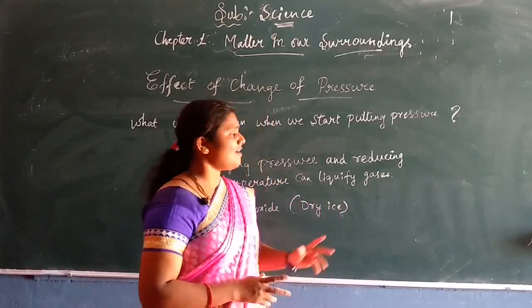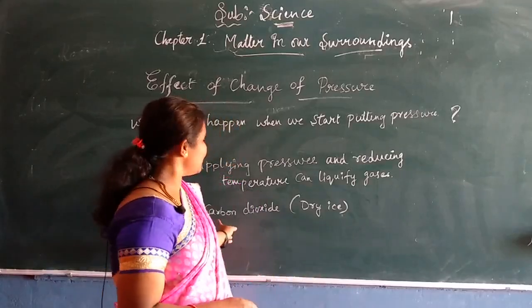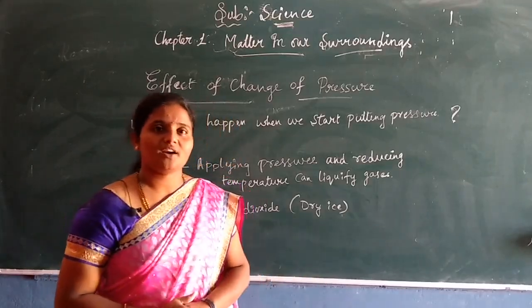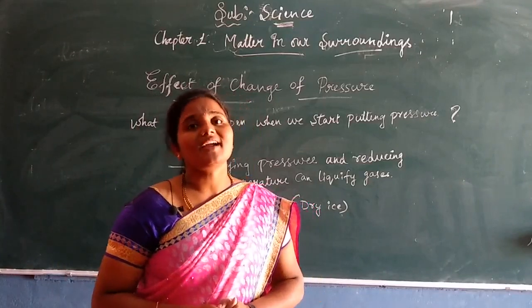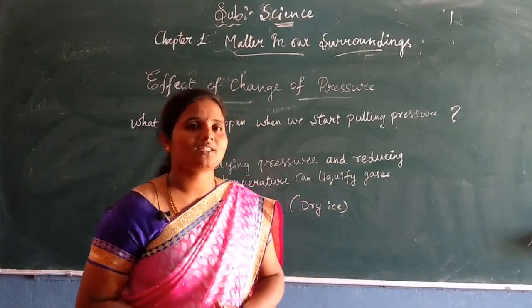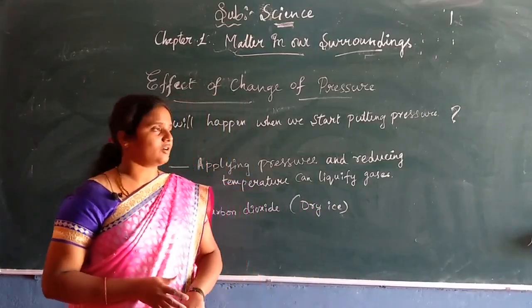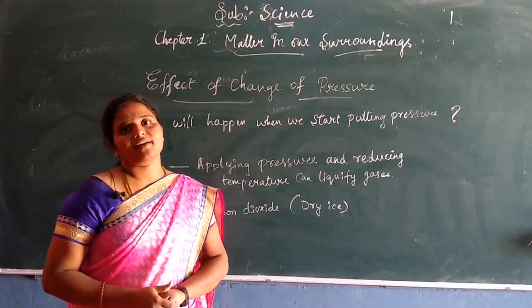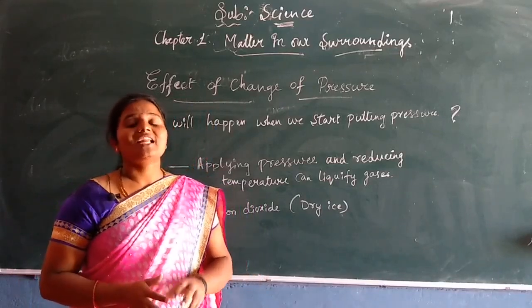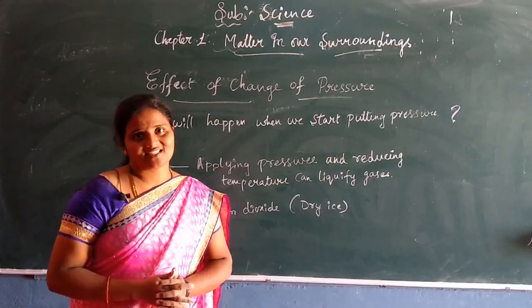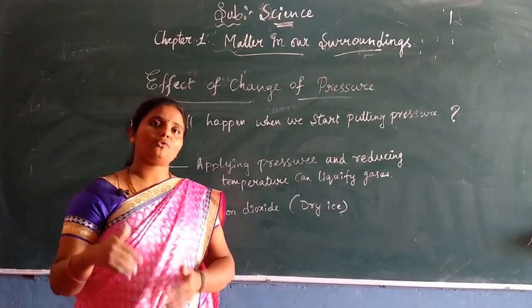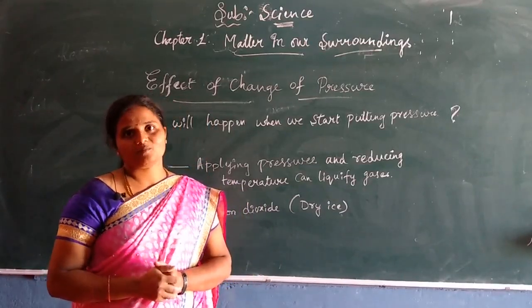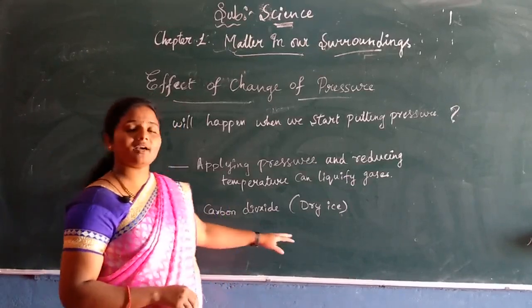For example, have you heard about solid carbon dioxide, children? It is also called dry ice. What happens is that when we apply pressure and decrease the temperature, we can liquefy gases. Have you heard about solid carbon dioxide?